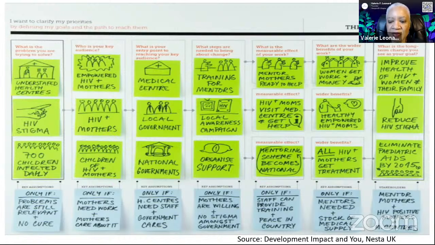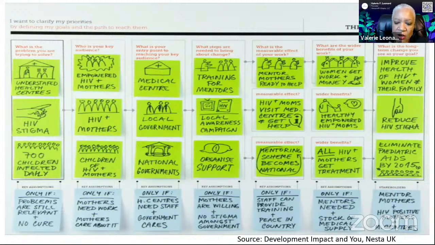And then another measurable effect is the mentoring scheme becomes national. So you notice they're starting small, they're starting at their local organization level, but their goal is to bring this nationally. They want to scale it. They want to take this as a model program and show other people throughout the United Kingdom how to do this.